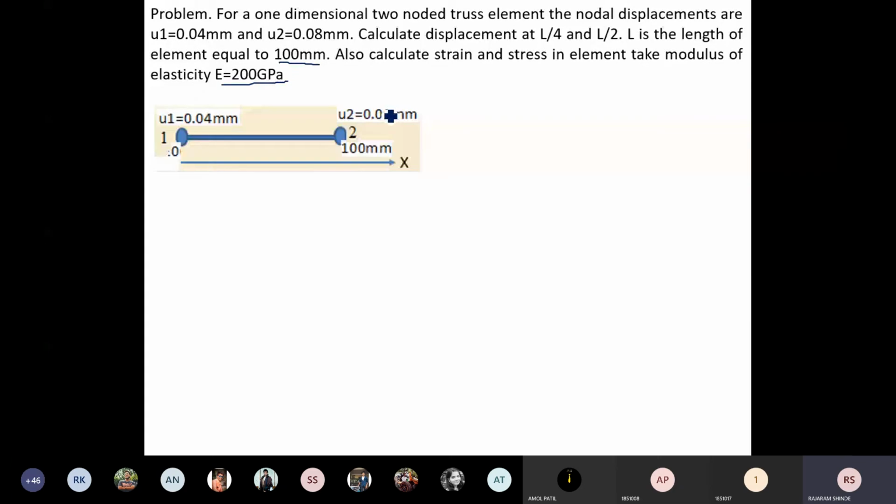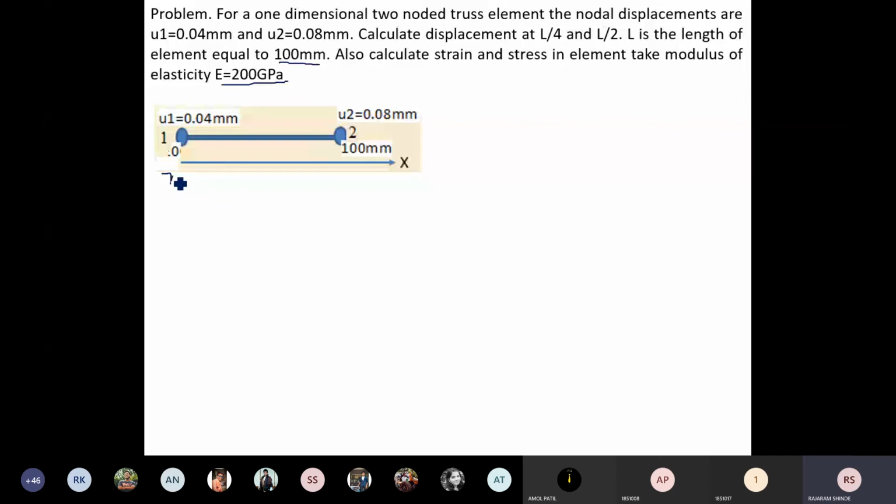Now you can see here this is node number 1. In place of i and j, I have used the notations 1 and 2. Node number 1 is at 0, and this is the length of the element, means node number 2 is at 100 millimeter.